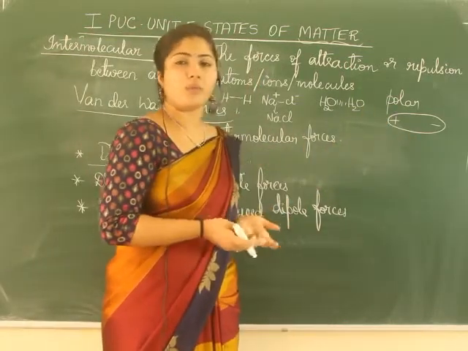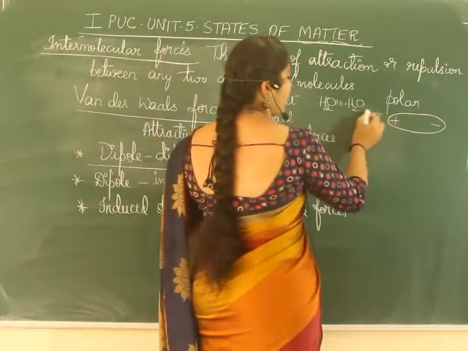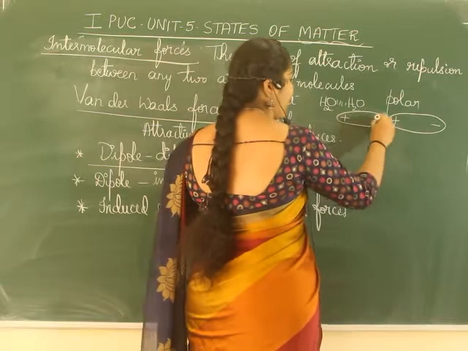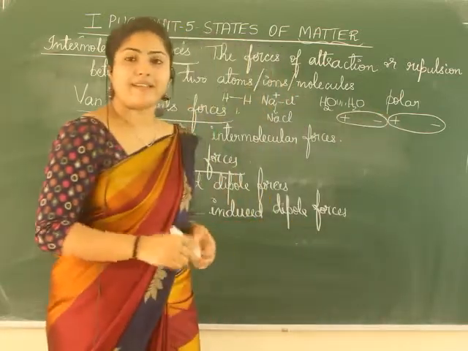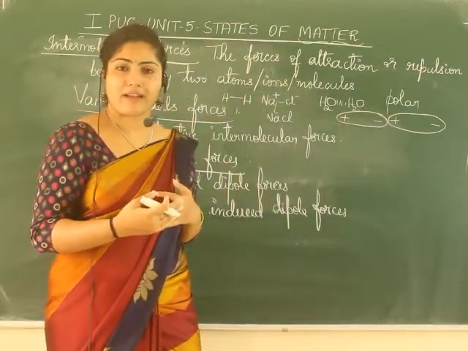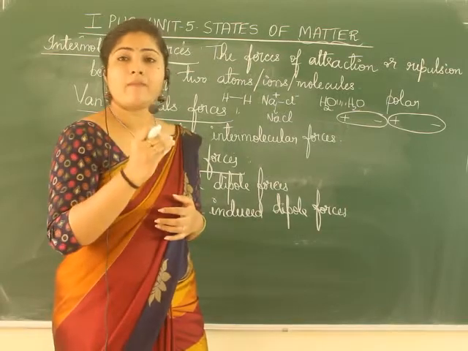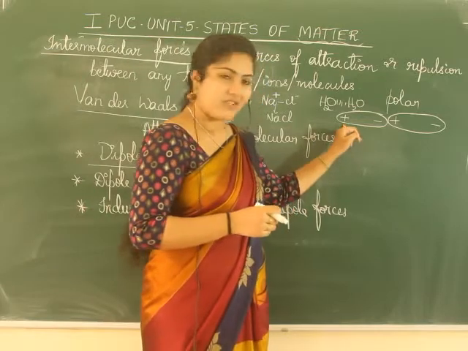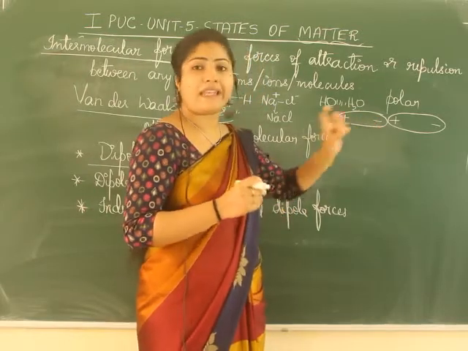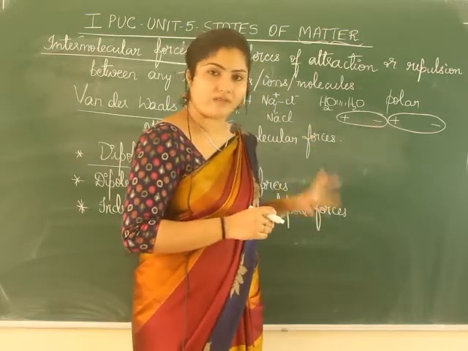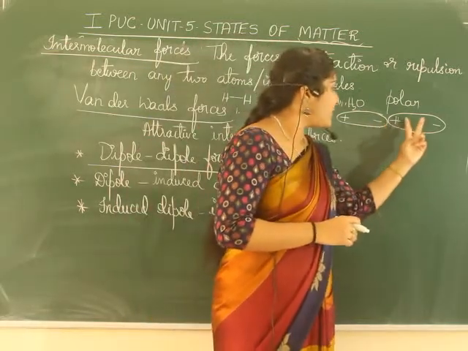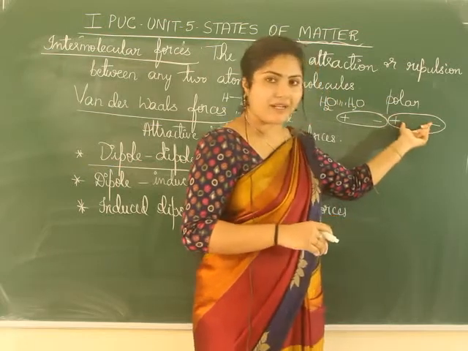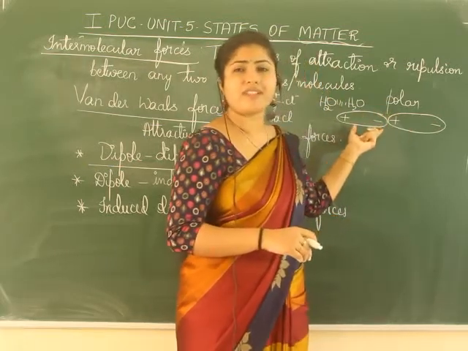If there is one more polar molecule, with positive end and negative end, then if they both have force of attraction, we call it as dipole interaction. See here, it's positive end. This is negative end. Negative attracts positive. Am I right? Now see, this is one more molecule. Its positive end will be attracted by another molecule's negative end.